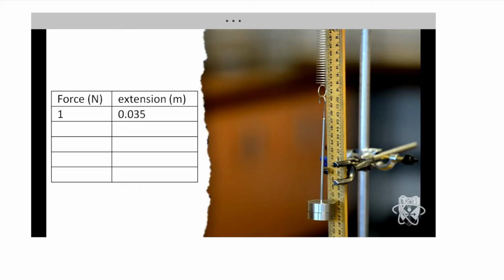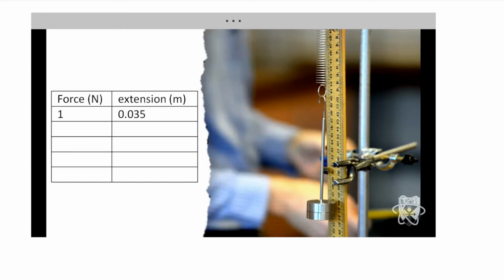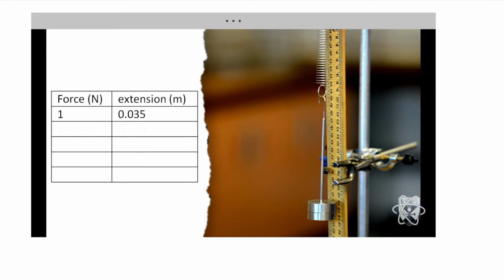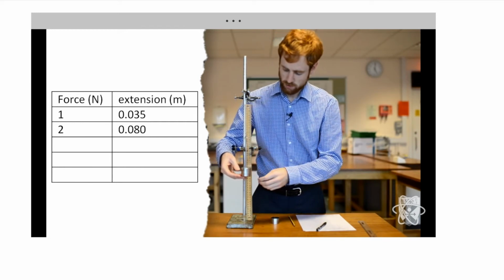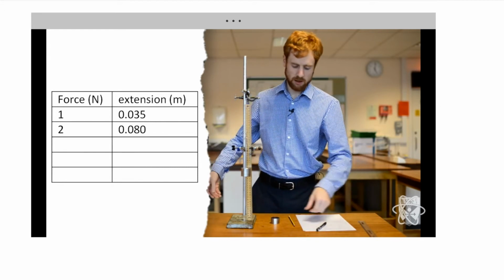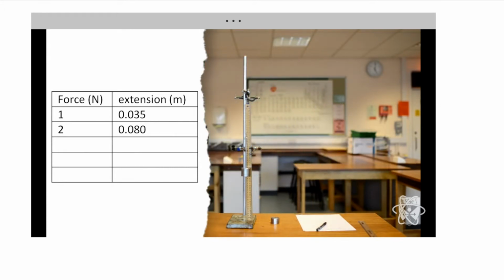Okay, converting that into meters, that is going to be 0.08 meters there. Repeat again, another 100 grams of mass, another 1 newton, stretches a bit further. Stop it from oscillating up and down, just a little bit of gentle support to do that.